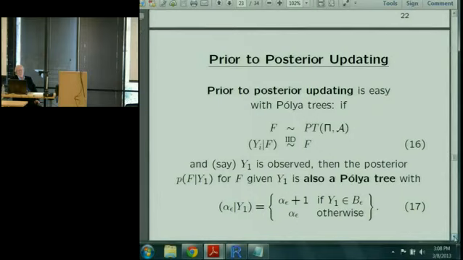If you start out with your model saying that if you knew what capital F was, the Yi's would be IID from F, and then you put a polytree prior on F with partition sets capital pi and weights, let's call them beta weights A, and now we observe Y1, then here's how you do the Polya updating.